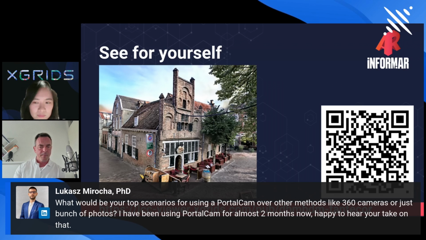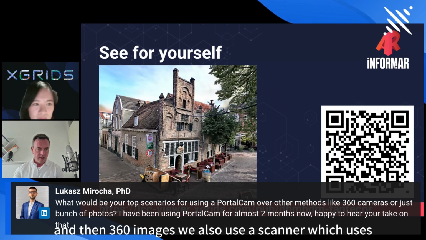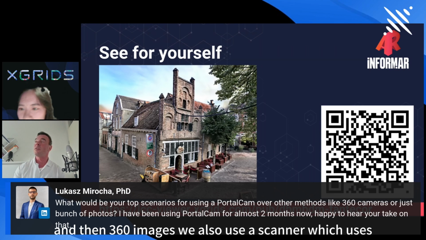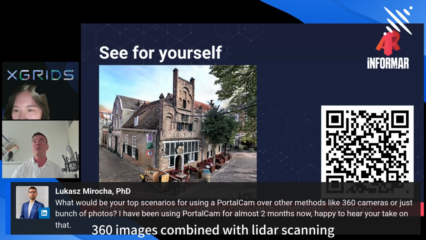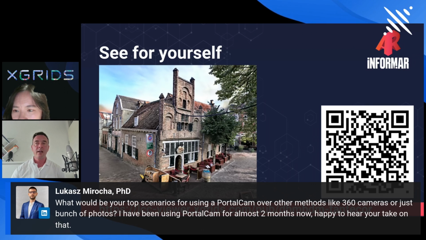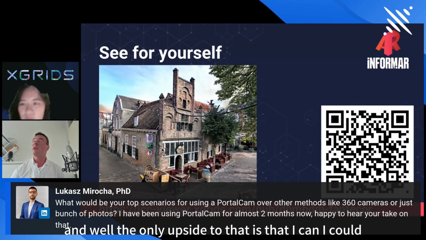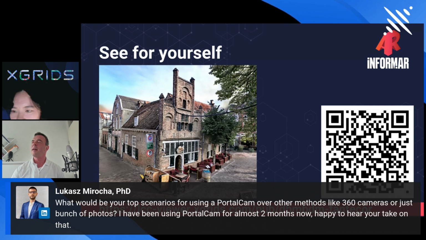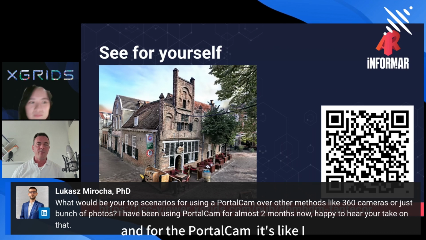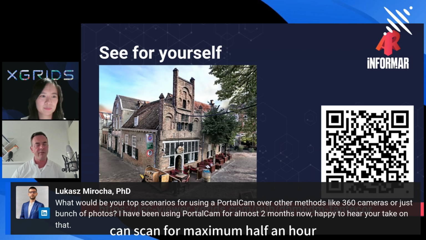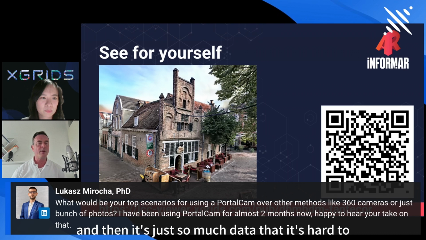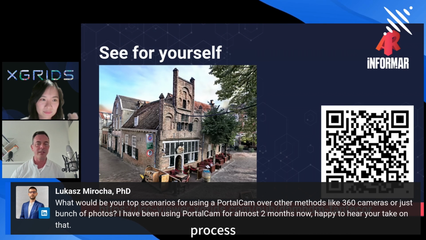We also use a scanner which uses 360 images combined with lidar scanning, and the only upside to that is that I could scan a larger area. With the PortalCam, I can scan for maximum half an hour, and then it's just so much data that it's hard to process for now.